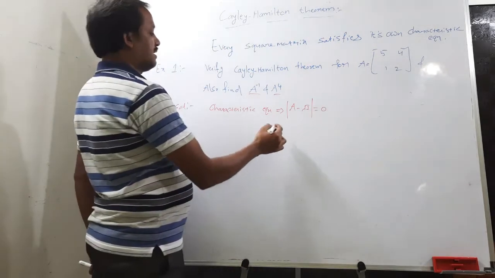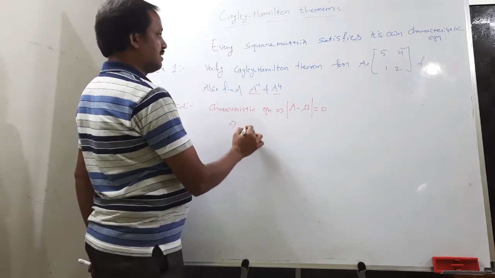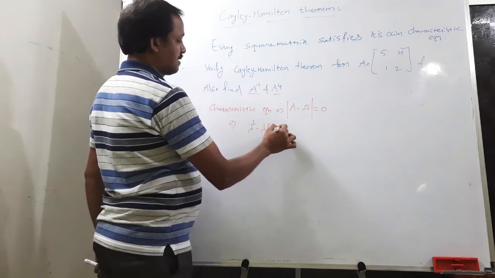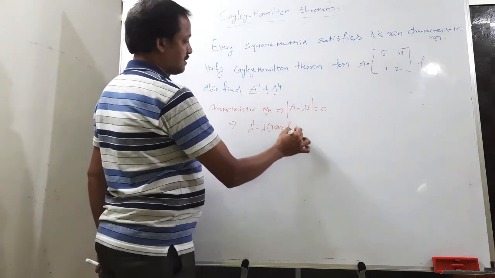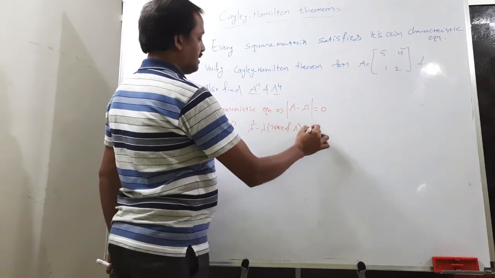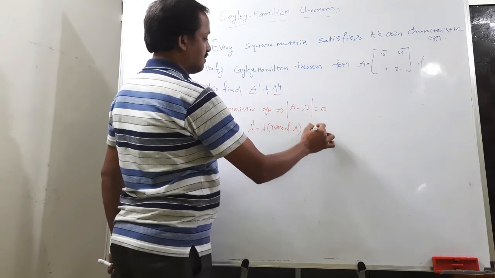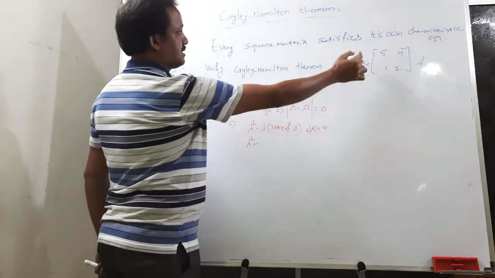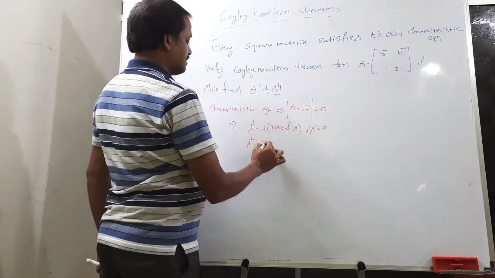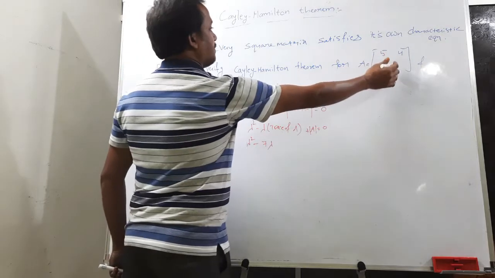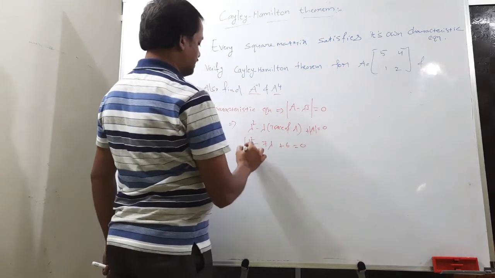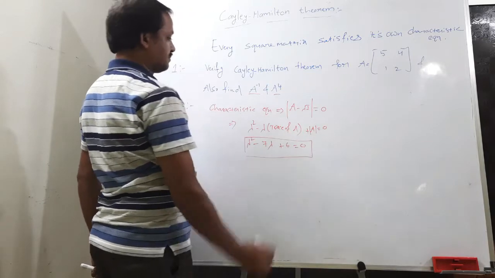You can expand, or you can simply use the shortcut: lambda square minus lambda into trace of A plus determinant of A is equal to 0. So lambda square minus what is the trace? 5 plus 2, 7, so 7 lambda, plus determinant 10 minus 4, 6, is equal to 0. So it represents the characteristic equation.